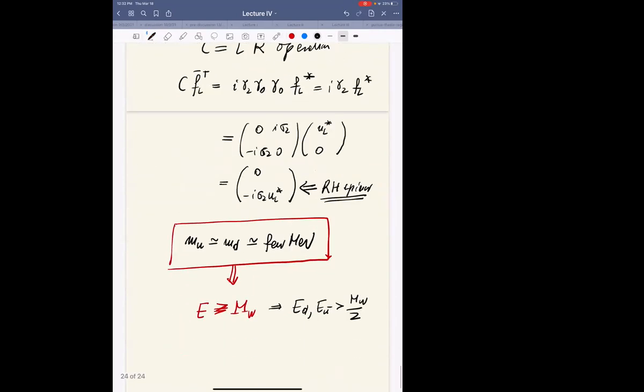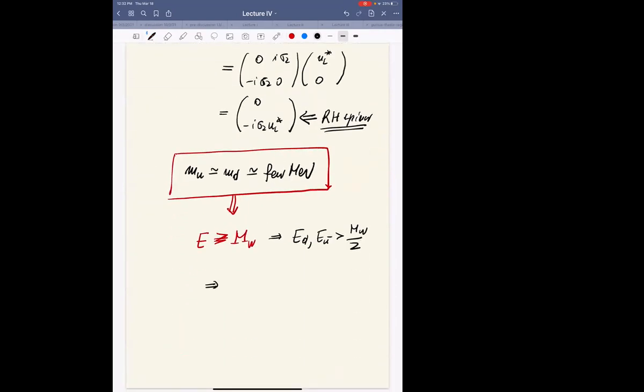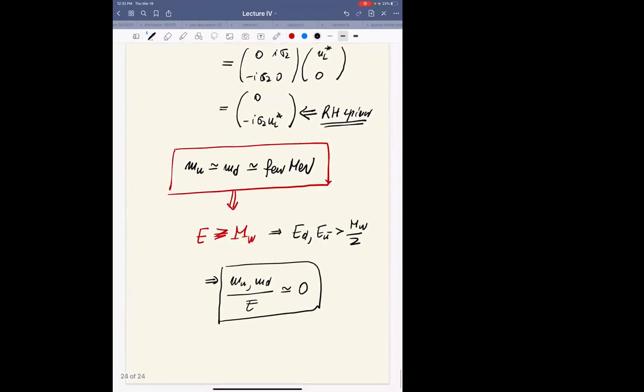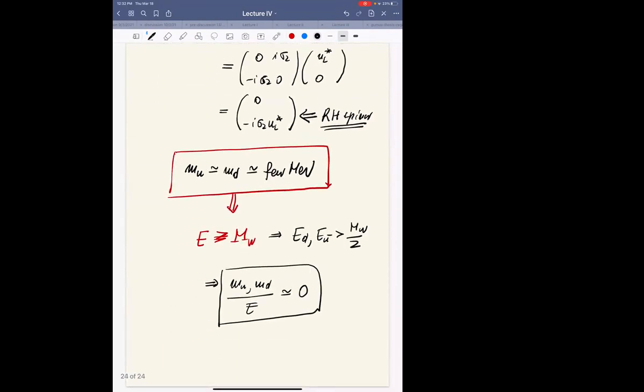That's how we are producing the W, which means M_up, M_down over energy is basically 0. We can ignore it. It's a terribly small effect, of order 1 in 1,000. If you want to do 2 loop calculations and so on, you'll take it into account, but we are going to do tree level. At tree level, this is completely negligible.